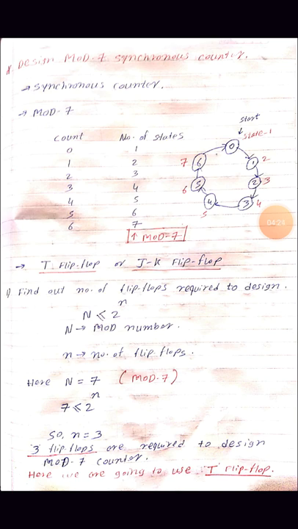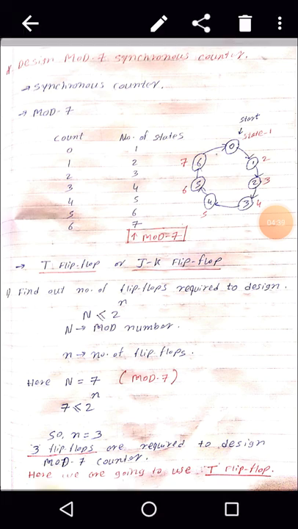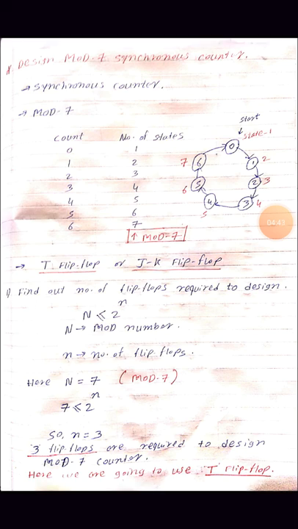We can design a synchronous counter with the help of T flip-flop or JK flip-flop. As per the problem given in a question paper, either T or JK, you can design a particular synchronous counter. Yes, is all clear?